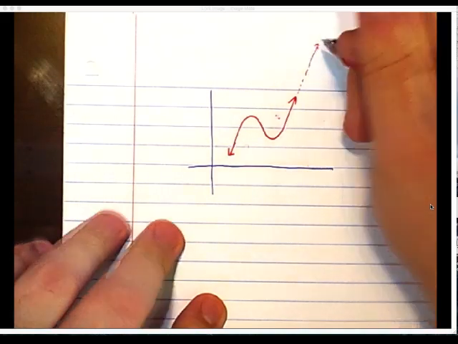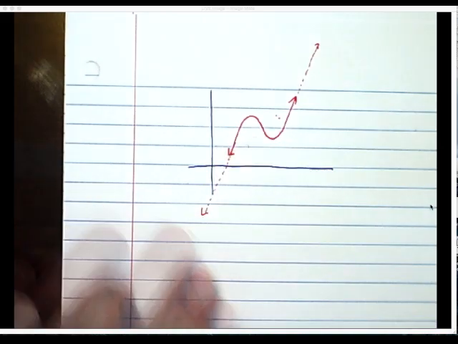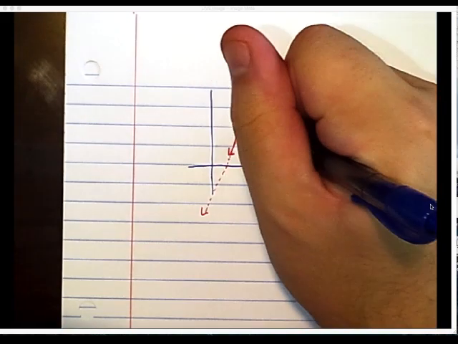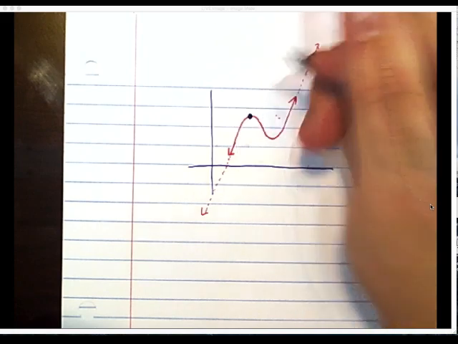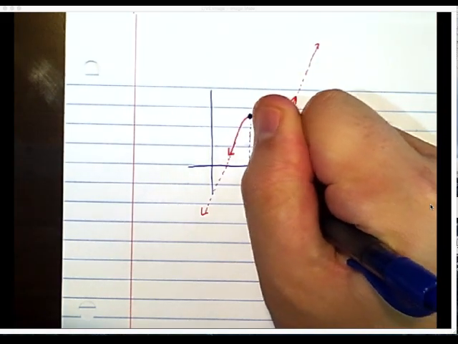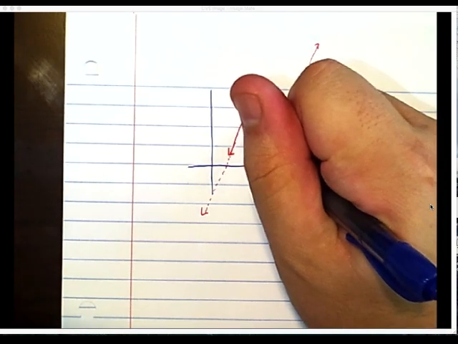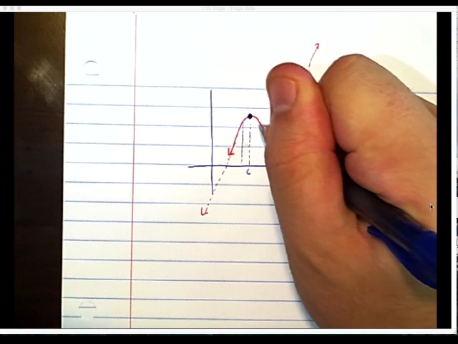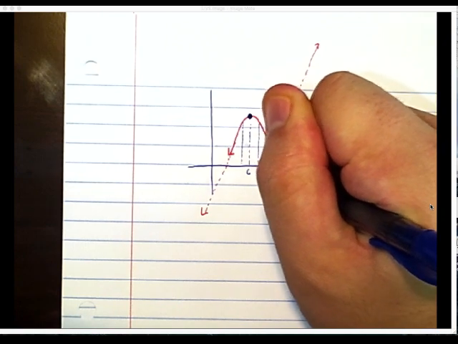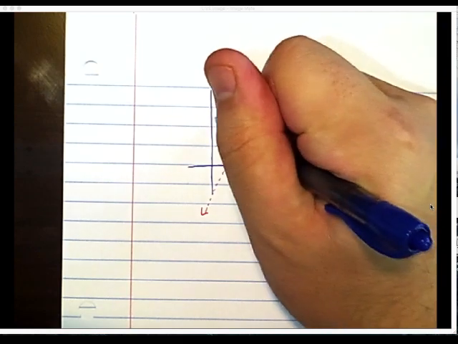It keeps going up and up to the right, and it keeps going down and down to the left. However, at this particular point, if we focus in on numbers that are close to this x value, so if that x value is c, for instance, and do an open interval, this is a high point.